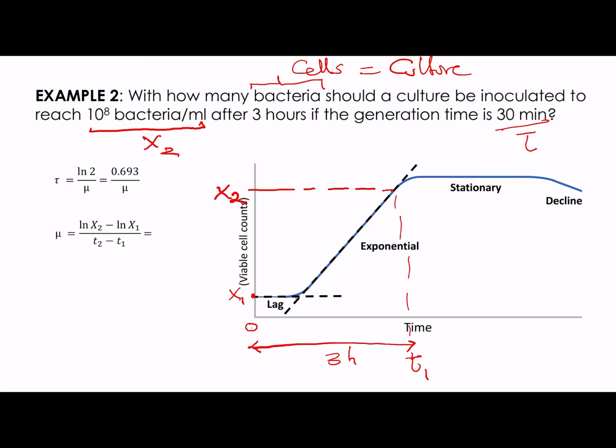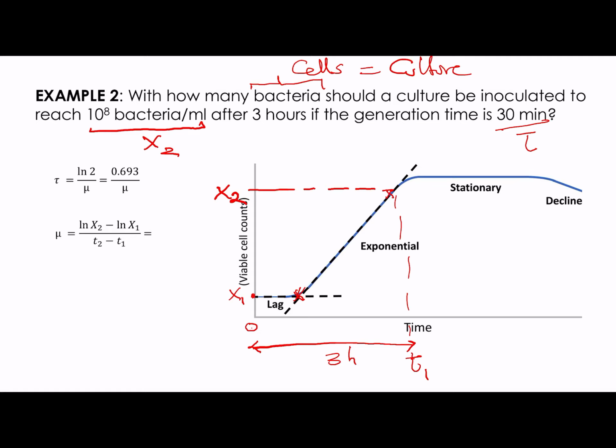So either we say x0 or x1, but the one thing I want to take note of is it says inoculated. So inoculation is at time 0. But when we start talking about generation is from this point to that point. But because they said inoculation, inoculation is from that point to that point.